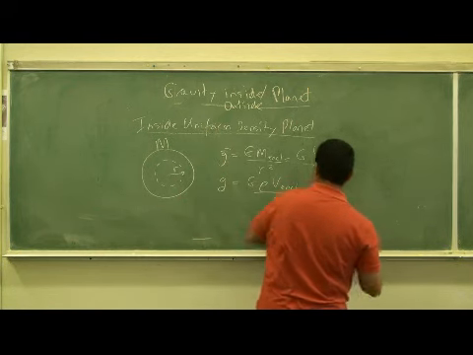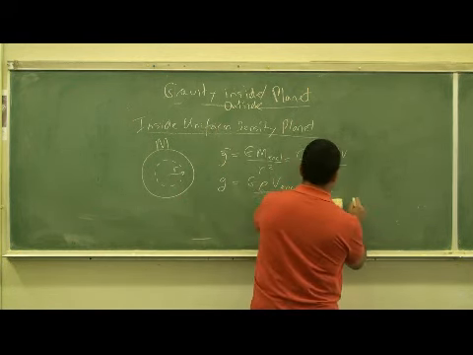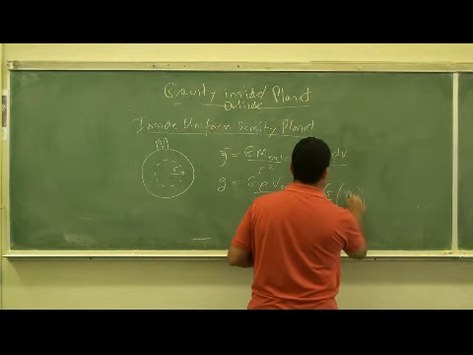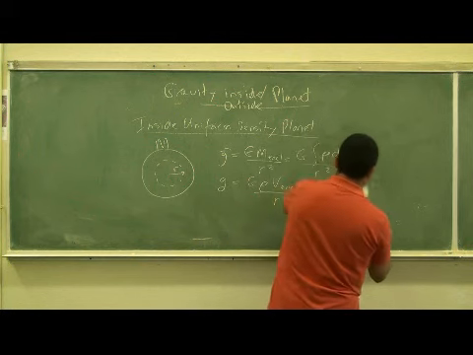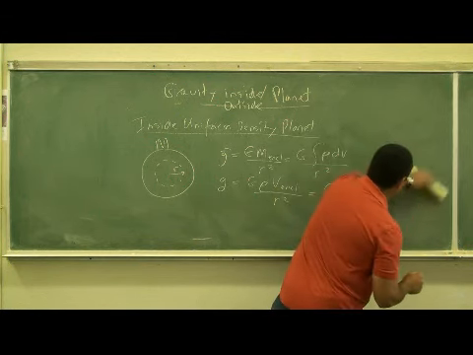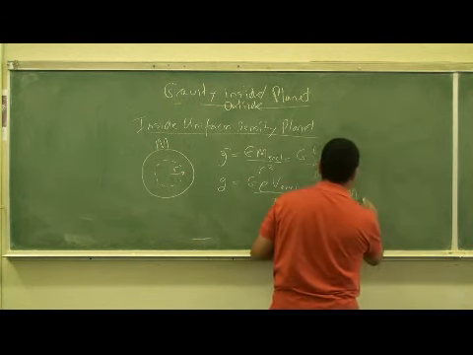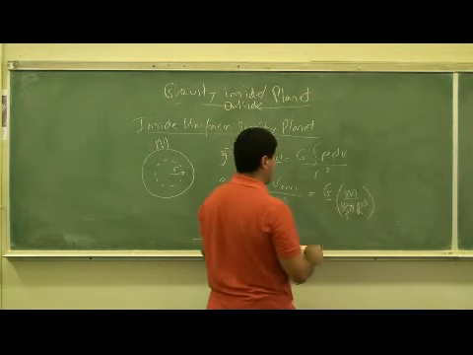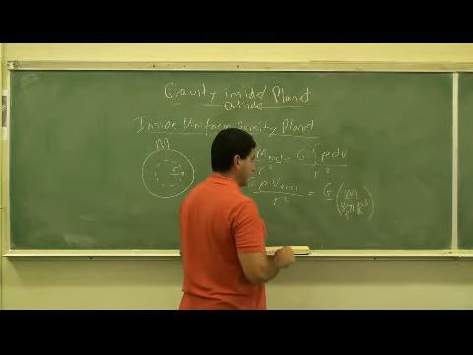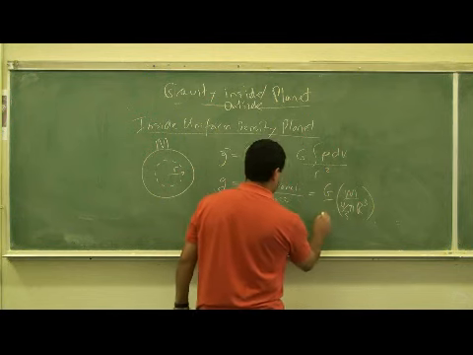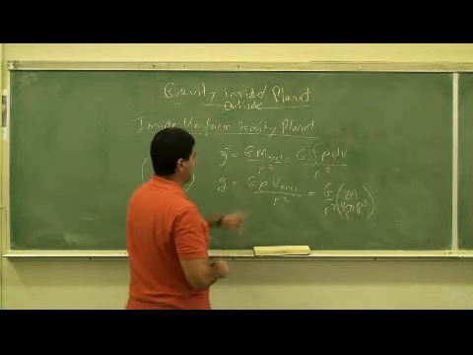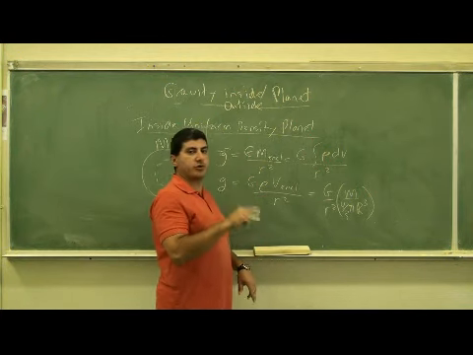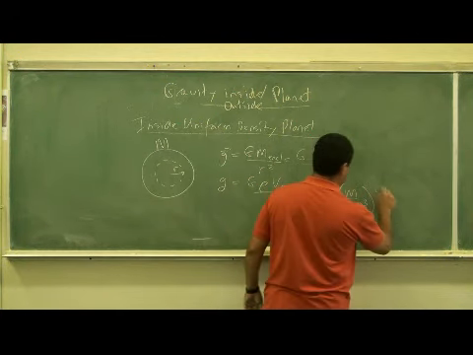The density rho is going to equal the mass of the planet divided by the volume of the planet, 4/3 pi R cubed. Big R is the radius of the planet, and little r is the r that you are at, and then the volume enclosed is 4/3 pi little r cubed.